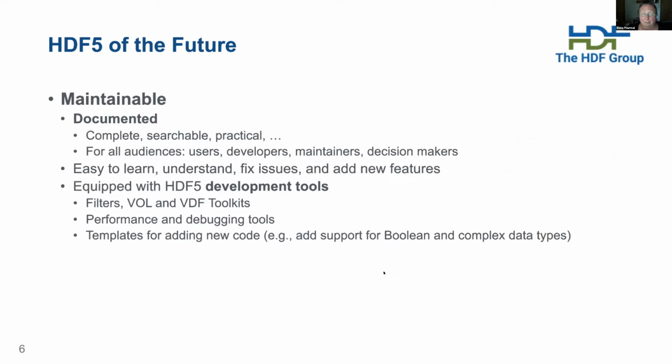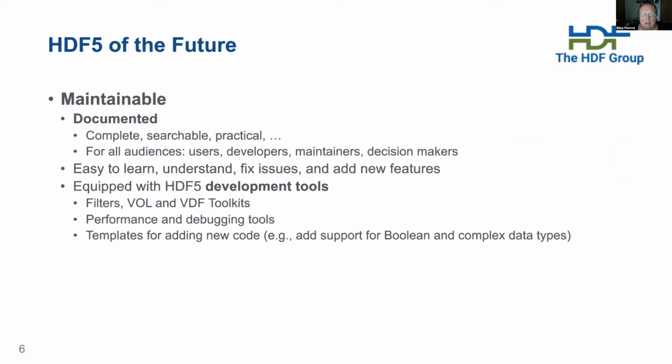So our dream is really to make HDF5 maintainable. The first thing is that it should be well documented, and the documentation should be complete and searchable. It should be practical, so that we're not arguing about whether this API exists.